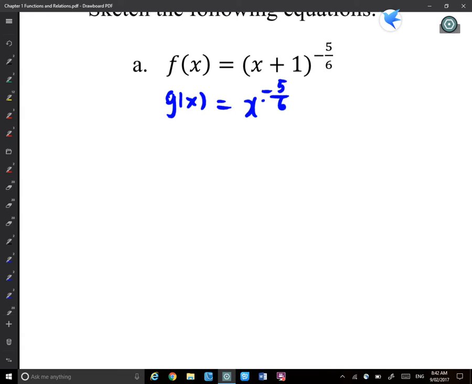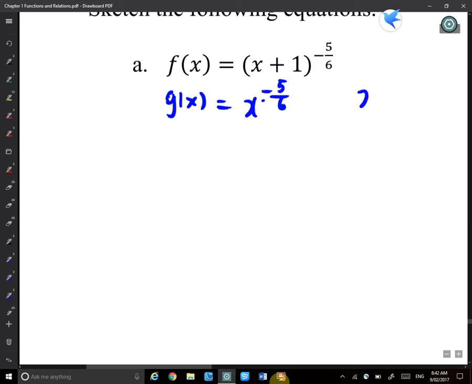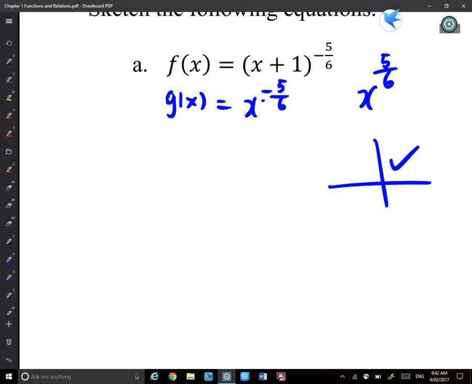So if you can draw g(x) and move it by 1 unit to the left, you'll get the function f(x). The first thing we need to think about is how to sketch x to the power of negative 5 over 6. Step by step, x to the power of 5 over 6. What does this graph look like? You must have a graph in the first quadrant, right? And think about if x is a negative value.